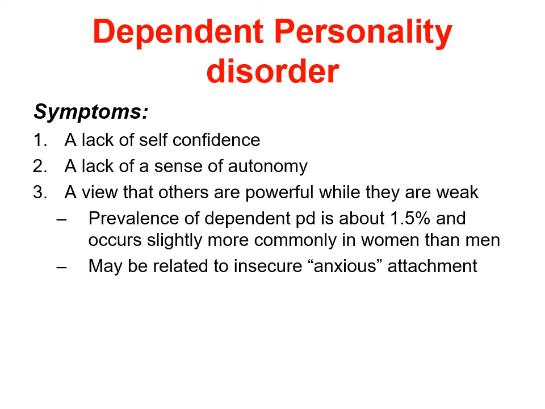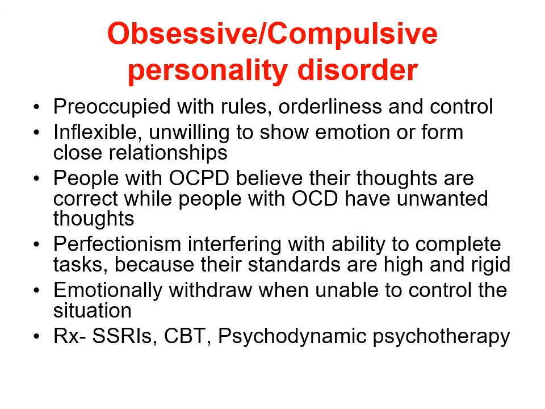Once again, this personality dependent is more in women, but I have seen it in men. And it's the idea that you have to have somebody else in your life to make your life complete. You can't do it by yourself. You have to be dependent on somebody else. So in terms of how to treat that, that's a little tough.